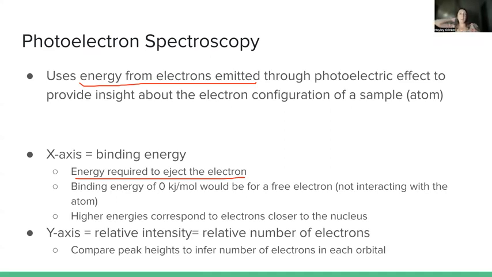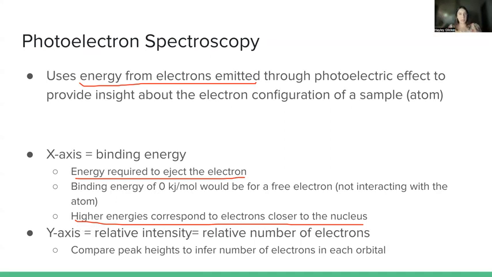For example, a binding energy of 0 kilojoules per mole would technically be a free electron, which we would never see in our natural world because we just don't have electrons flying around. And in general, higher energies correspond to electrons closer to the nucleus.